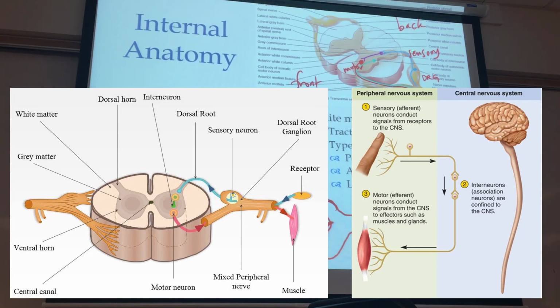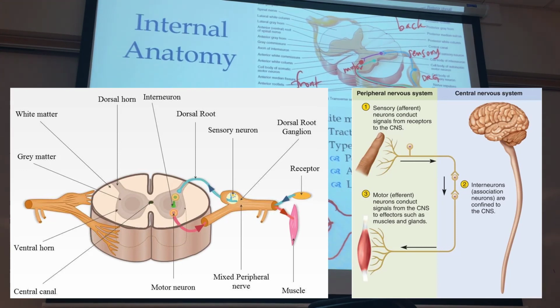We had sensory, we had motor. What was in between? Right, interneurons, the integrative system. Right in between is the integrative system, so interneurons are located in between. That's exactly where the cell bodies of the interneurons are located, up in the posterior gray horn.